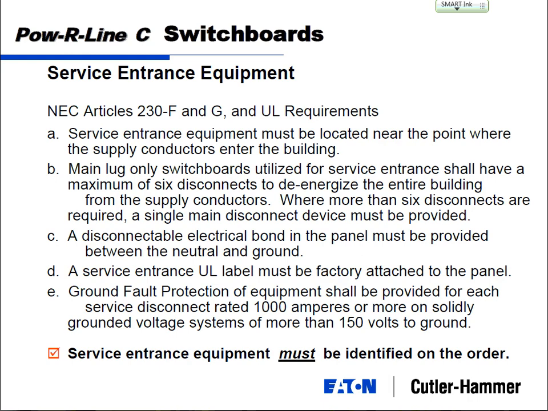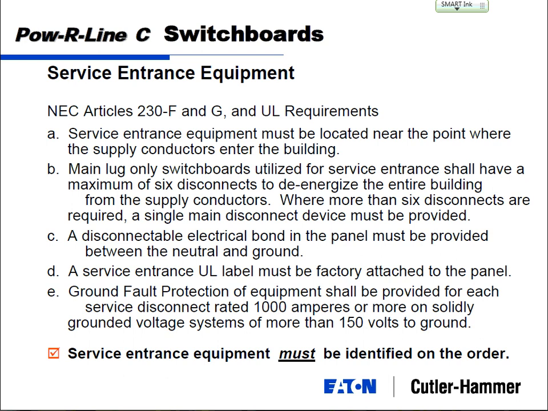When we make a switchboard that is service entrance rated, we also put a disconnectable electrical bond in the panel between the neutral and the ground. It's basically just a copper bus bar that bolts in between the 2 pieces of equipment, ground and neutral. That's the main bonding jumper. Yep, that's it.